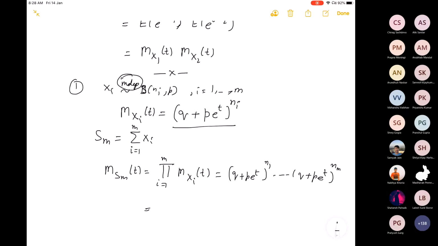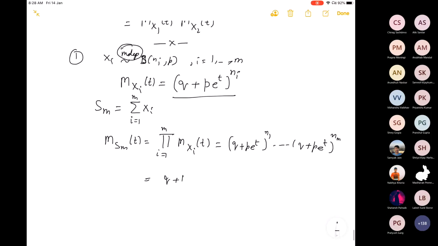So therefore this will be (q plus p e raised to power t) raised to power n1 plus n2 plus ... plus nm.